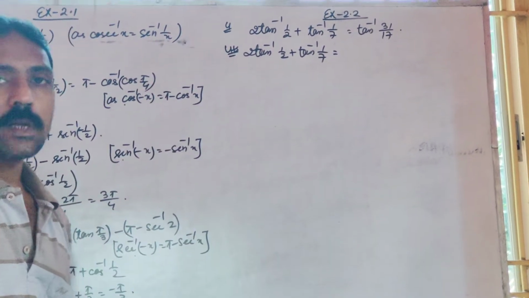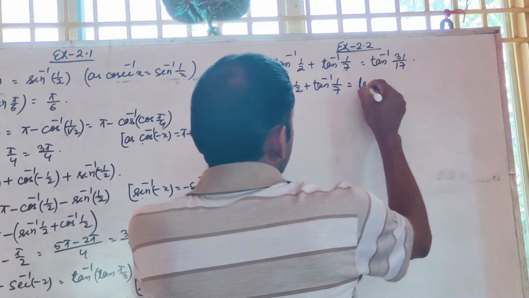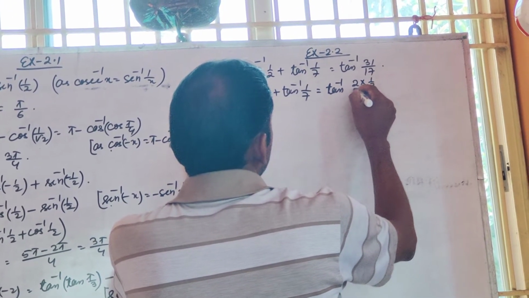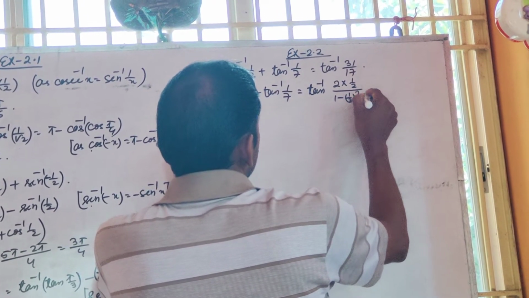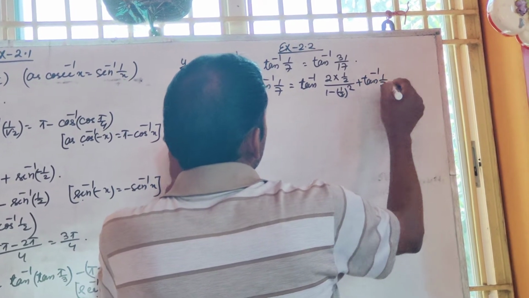Now 2 tan inverse x is tan inverse 2x by 1 minus x square. So x is 1 by 2, giving tan inverse of 2 times 1 by 2 by 1 minus x square, plus tan inverse 1 by 7.